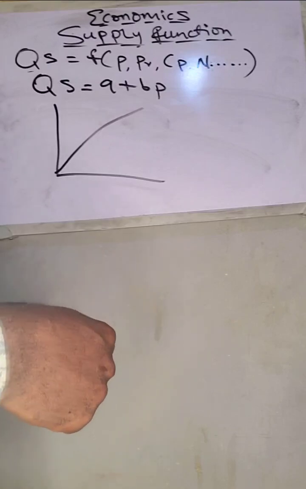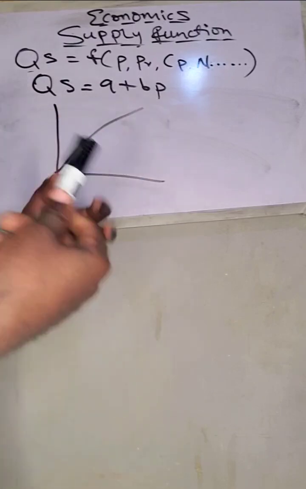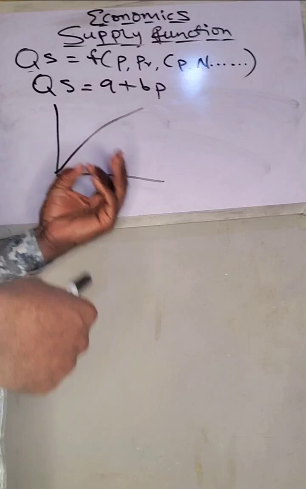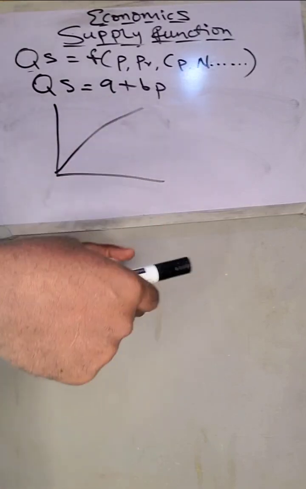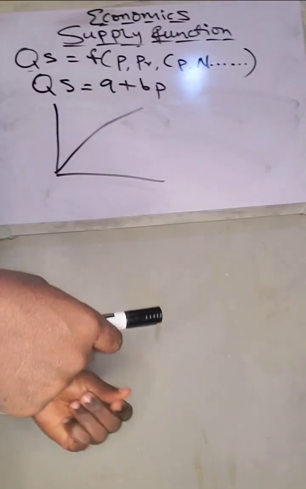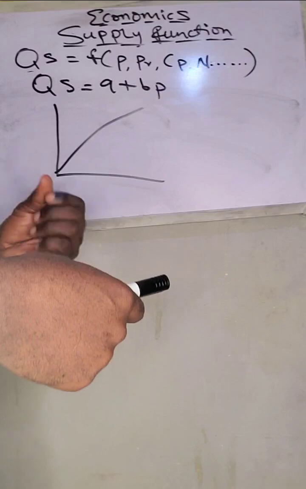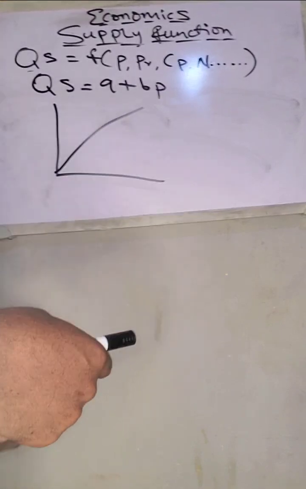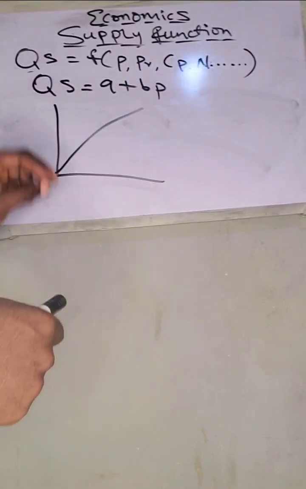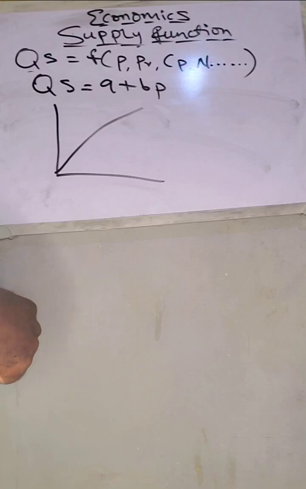Ceteris paribus. Lower price, lower quantity supplied. That is, when price goes up, quantity supplied goes up. And when price goes down, quantity supplied goes down. That's the meaning of B. It's for slope.